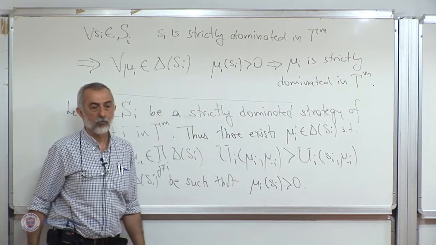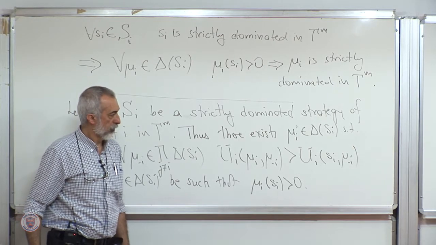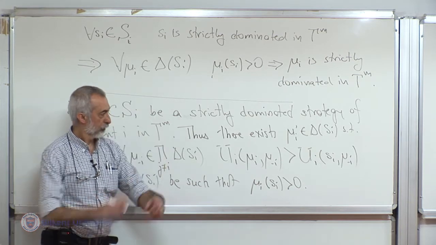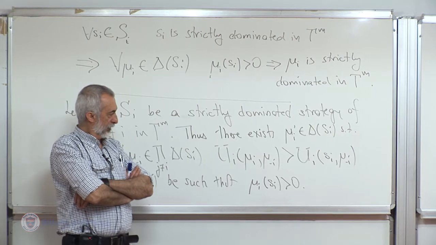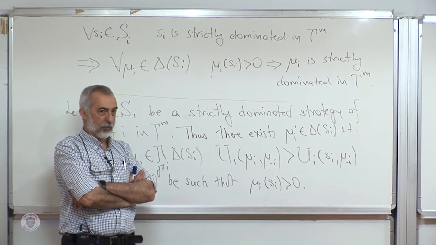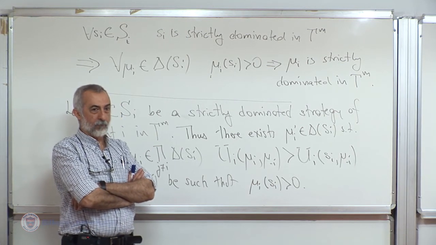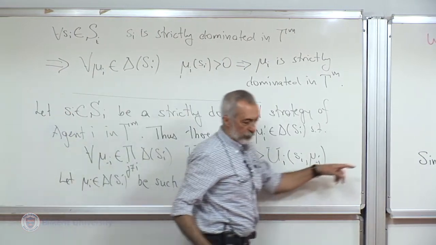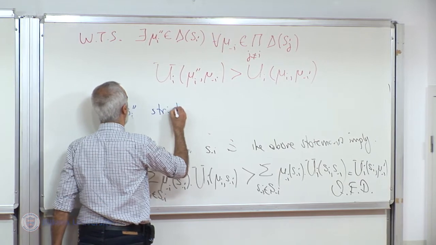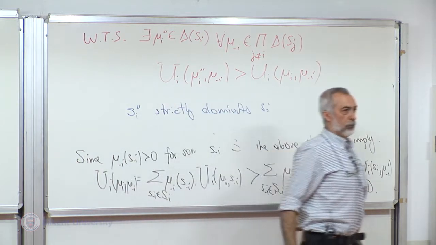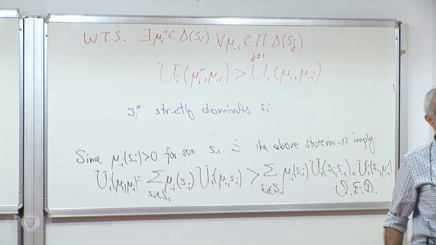But we know that it's a convex combination of mu I, Si, mu minus I for any. But we know that a convex combination is smaller or equal than the maximum pure strategy that is played. So your friend claims that this statement implies this statement, Si prime strictly... You object to that?